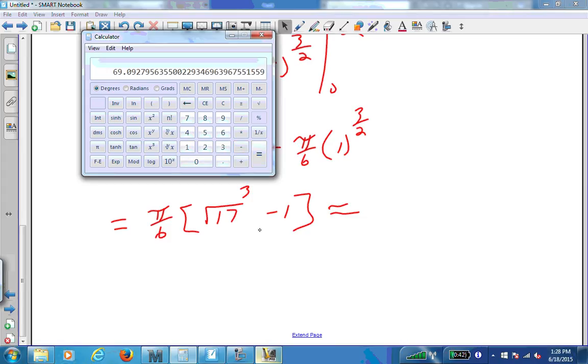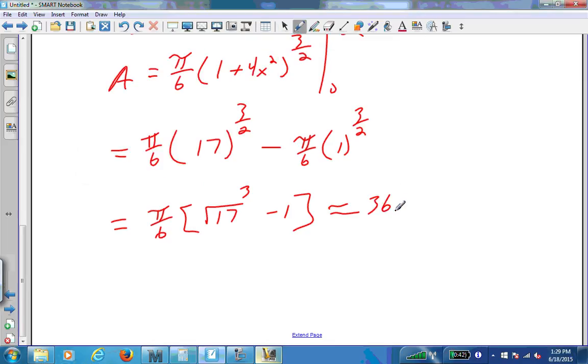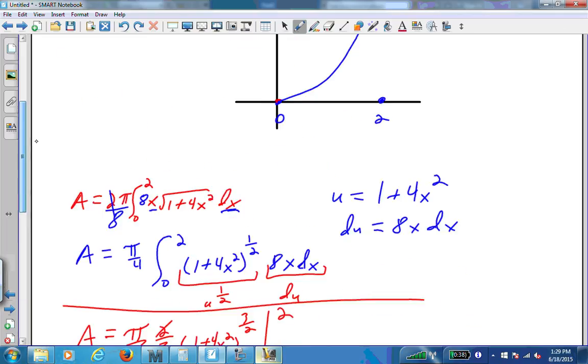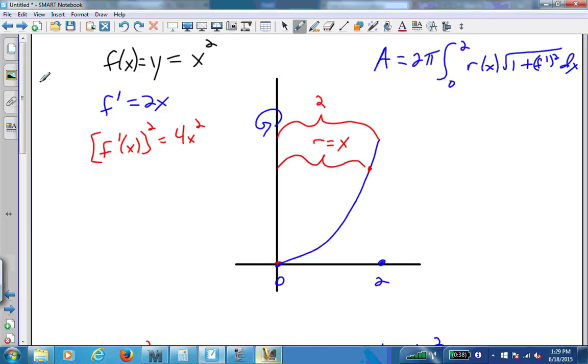So that's what's inside. Then we're going to do that times pi divided by 6. It's about 36.2 square units. So that's that particular surface area.